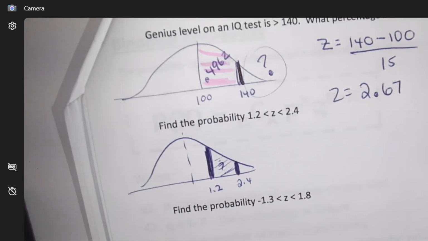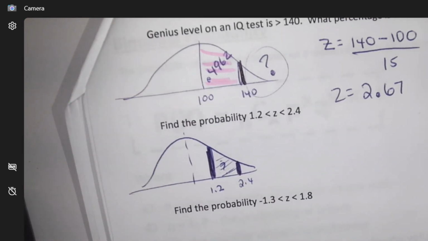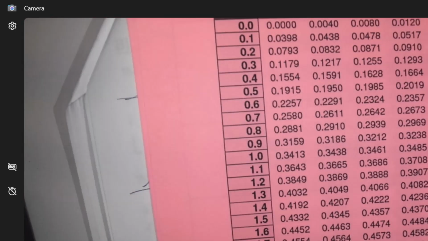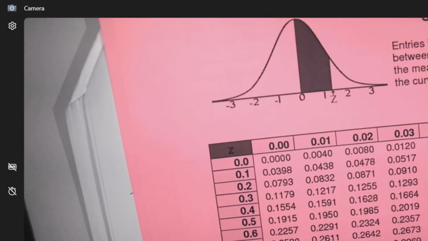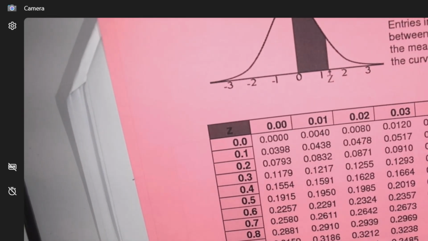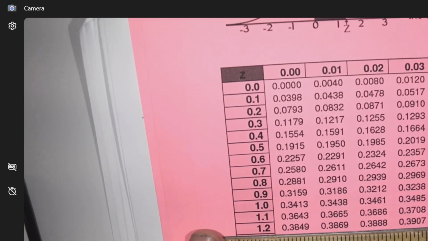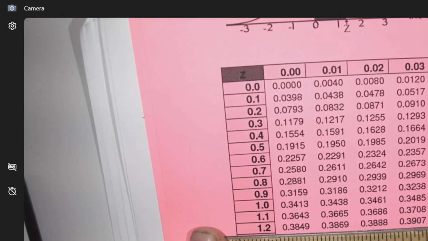Okay, so we've got to look up Z score 1.20. Again, that chart is always where you are to the middle. So there's the 3849.